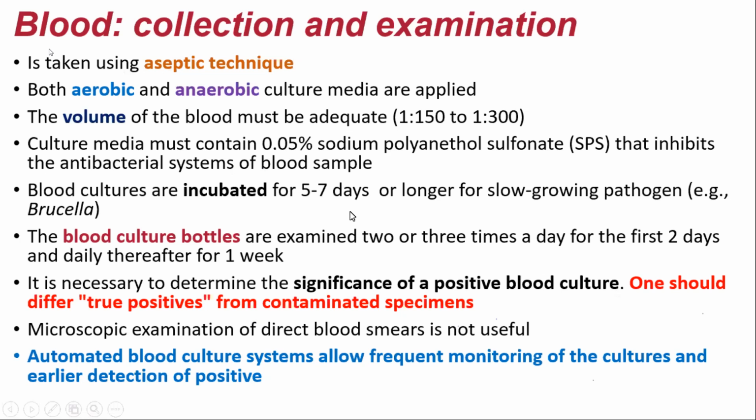For bacteria suspected as slow-growing pathogens like Brucella, which will be discussed next time, you need to wait longer, up to 3-4 weeks. According to recommendations, blood culture bottles must be examined every day, 2 or 3 times a day, for the possible presence of growth. I mean, you can see a film on the surface, maybe turbidity. So if there is something wrong, it is suspected as a growth of microbes.